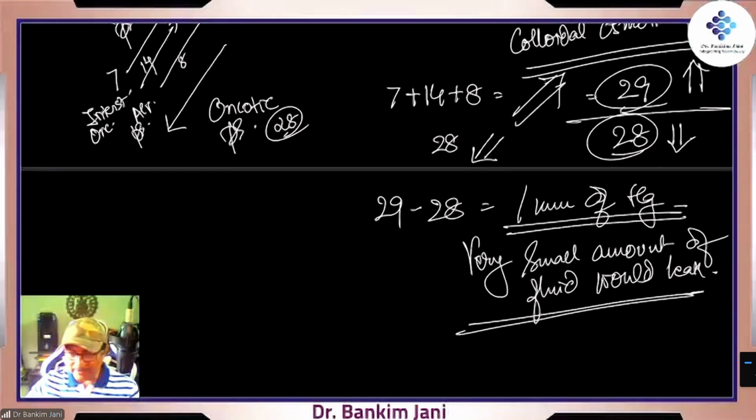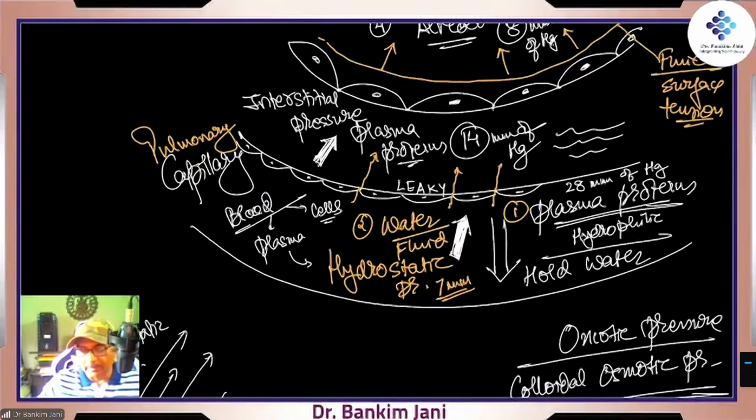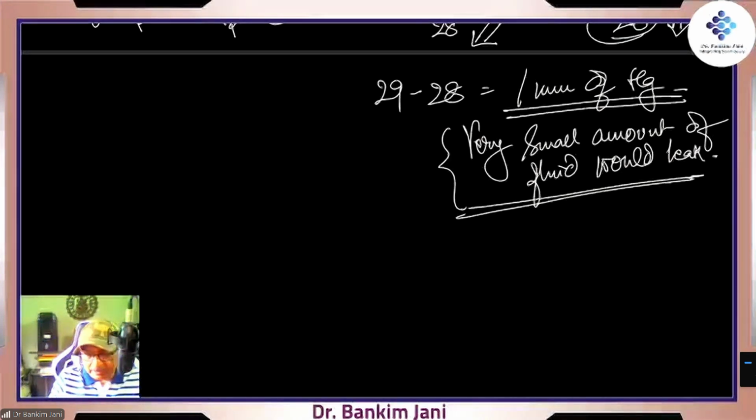As such, we say that yes, these are leaky. So there will be fluid collection over here. So this small difference, and yes, actually it happens also, fluid collection in space.